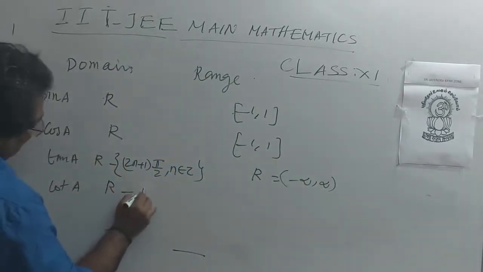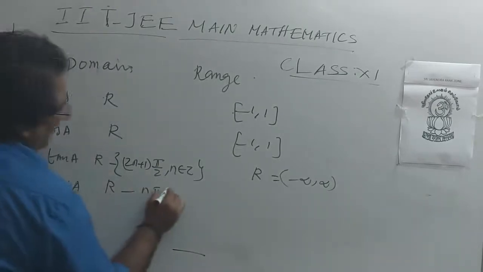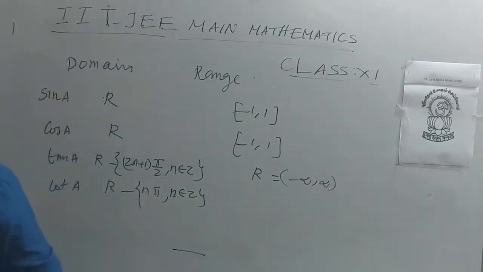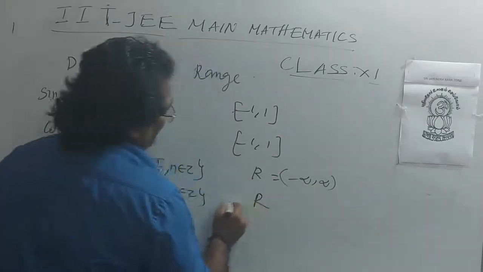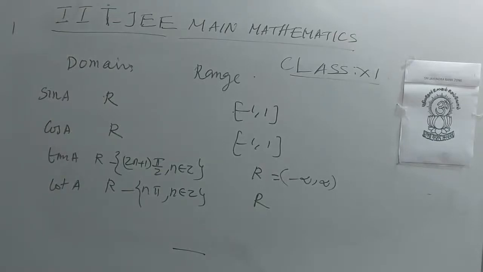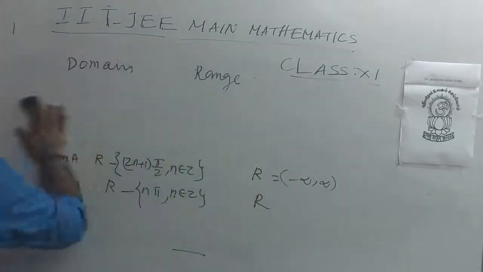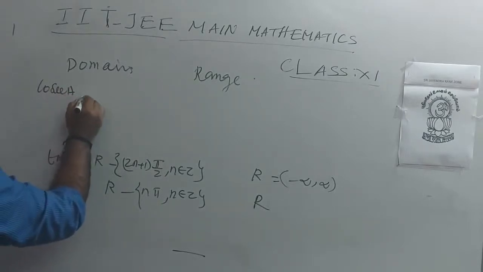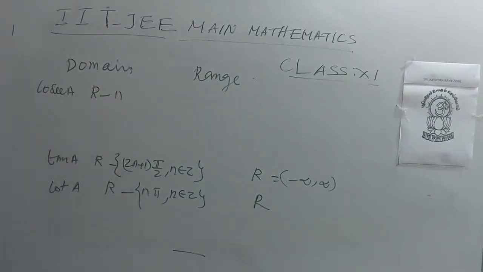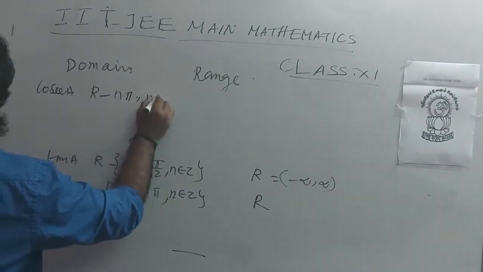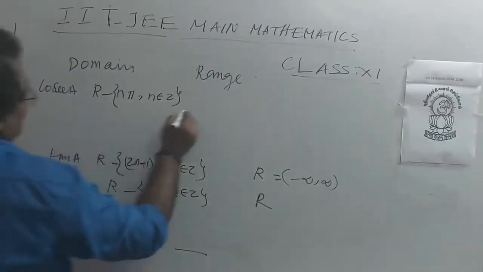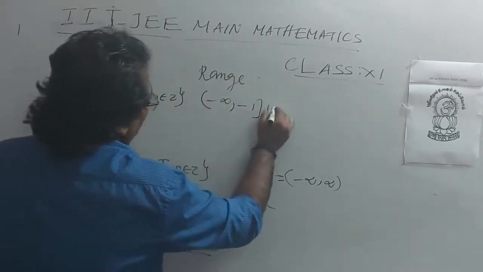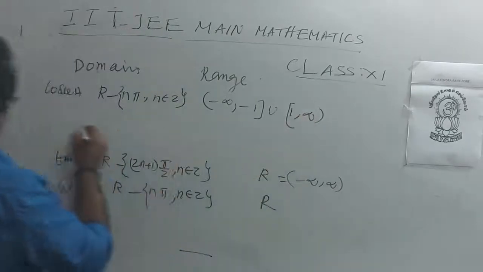Cot A, domain R minus n pi, n belongs to Z. Range is R. Cosecant A, domain R minus n pi, n belongs to Z. Range is minus infinity comma minus 1 union 1 comma infinity.